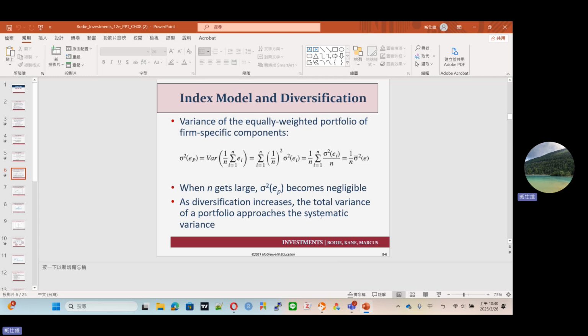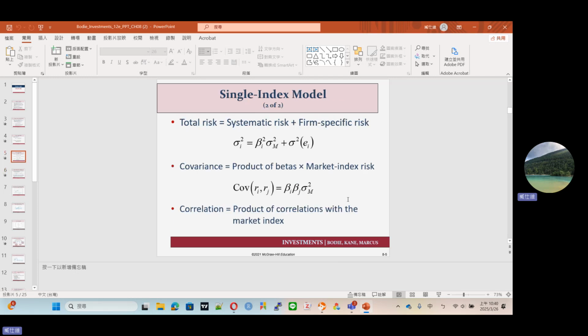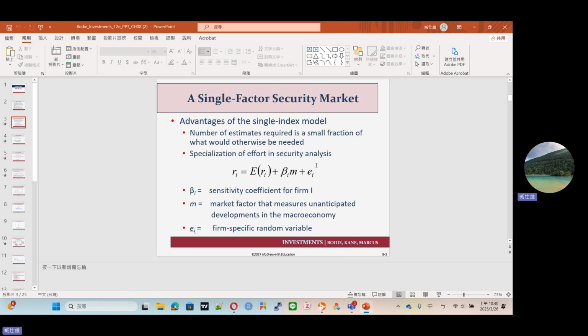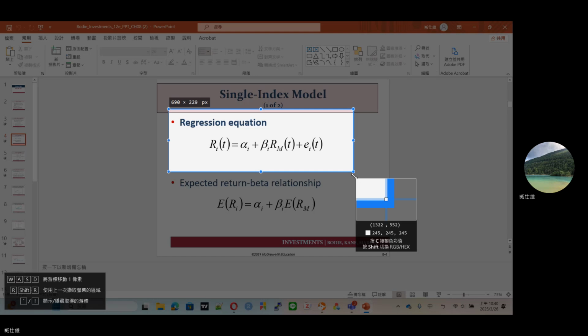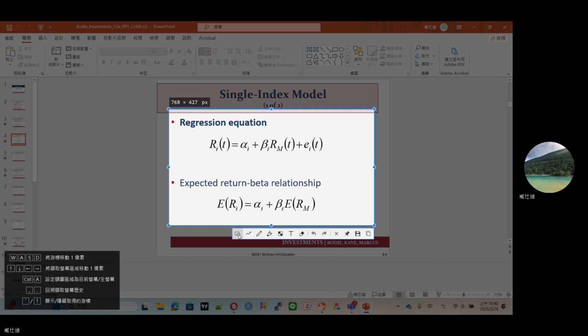Sometimes this term will be positive, sometimes negative, but finally it will cancel out each other.